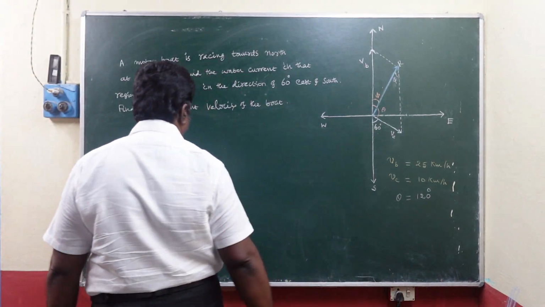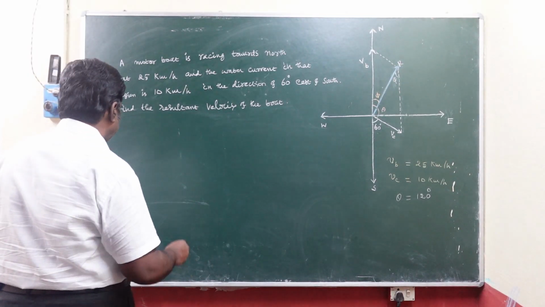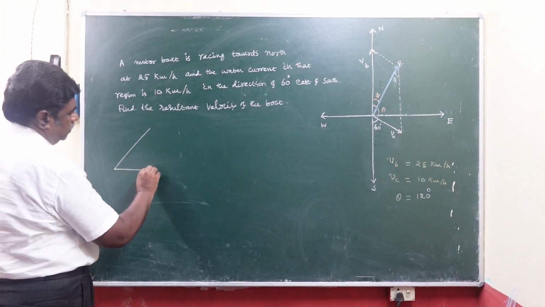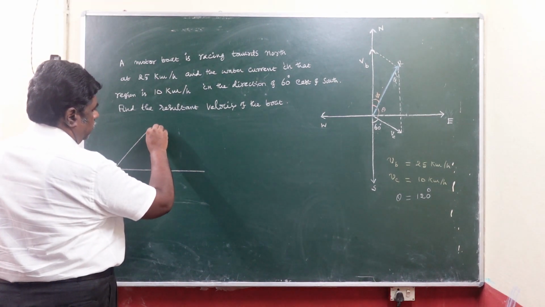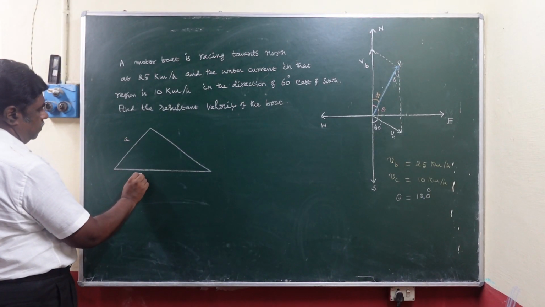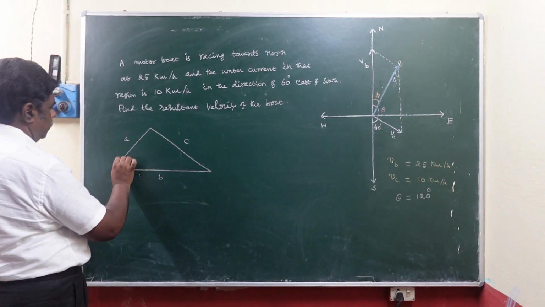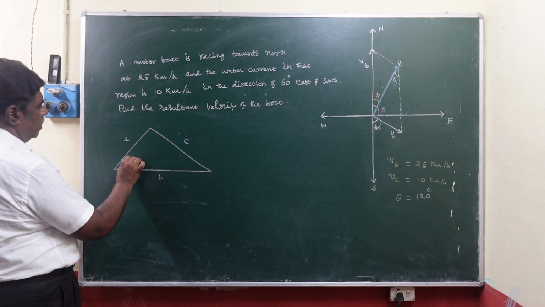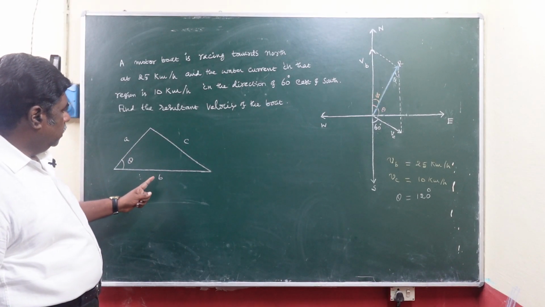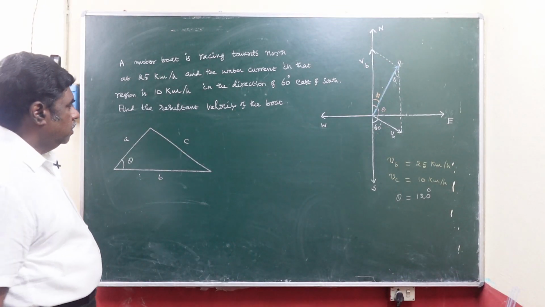Before that, we should know the cosine rule of a triangle. See, here is a triangle with the sides A, B and C. The angle between A and B is theta. Suppose the sides A and B are known and the third side C is unknown.